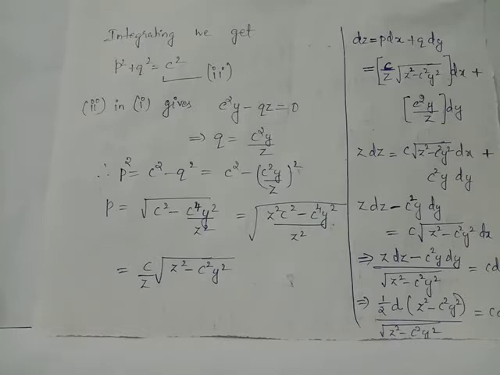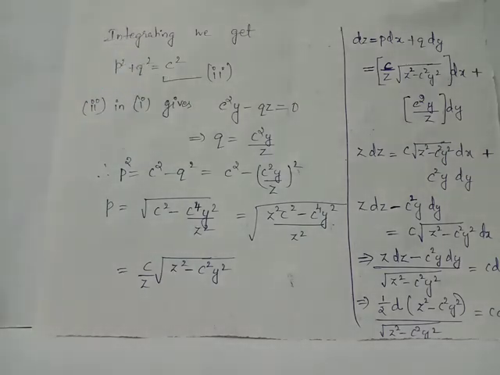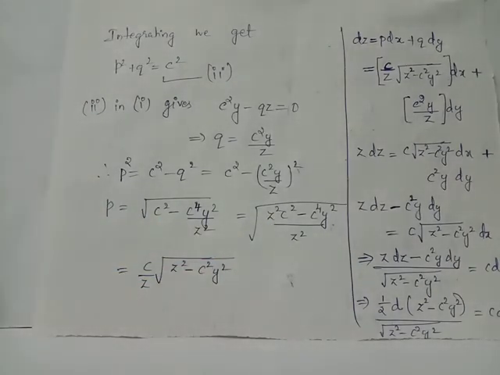Therefore, we substitute the expression of q in equation 2 and we have p square equals c square minus q square, written as c square minus c square y upon z the whole square. When we take square root on both sides, we have p equals root of c square minus c raised to 4 y square upon z square. Inside the square root, when we take LCM, we get z square c square minus c raised to 4 y square upon z square.